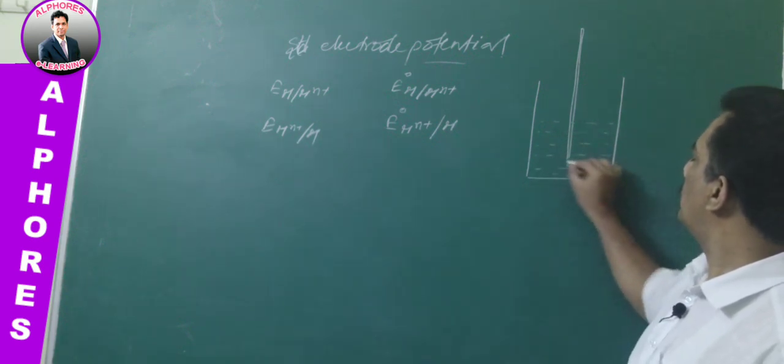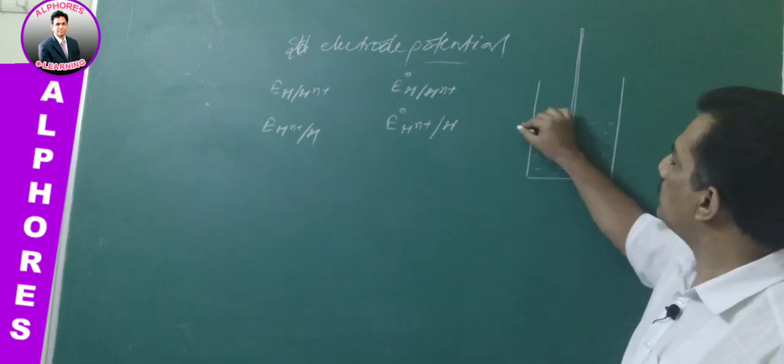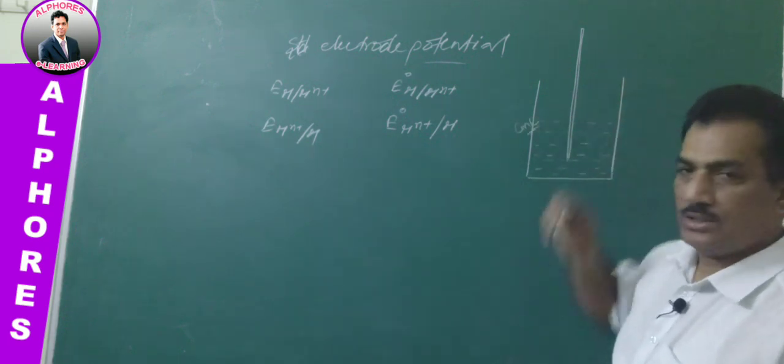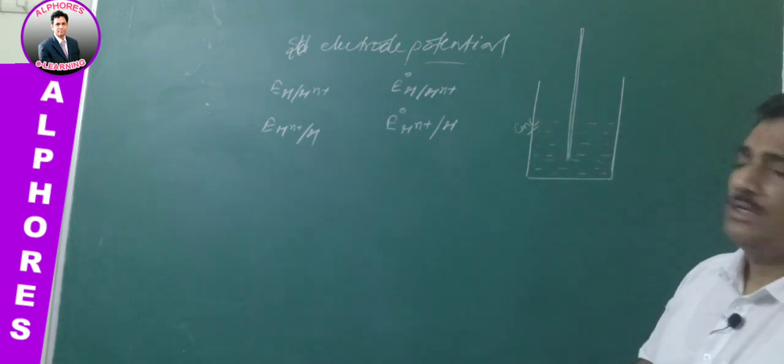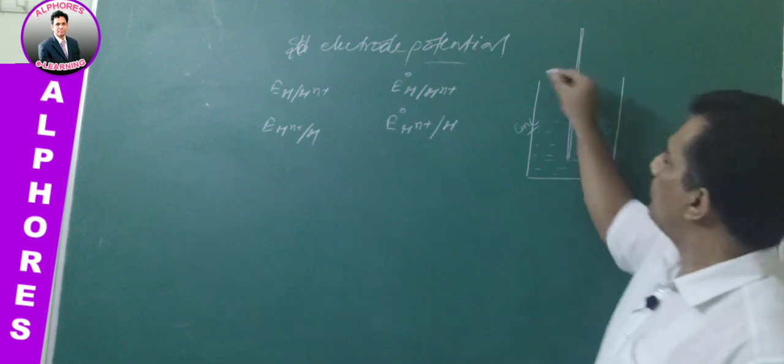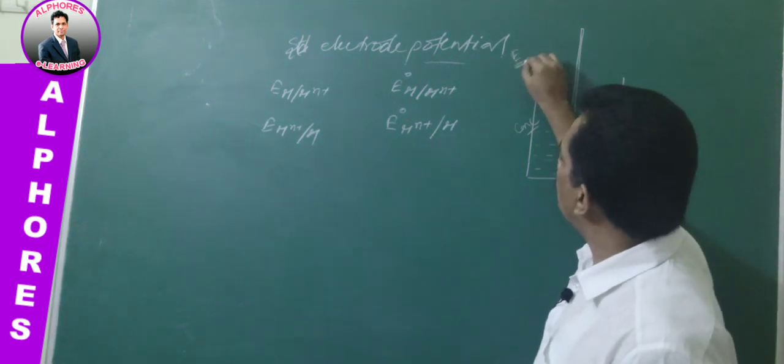Here if you observe, we are not concerned about the concentration of the electrolyte. We are not referring to the concentration of the electrolyte. That's why it is electrode potential.